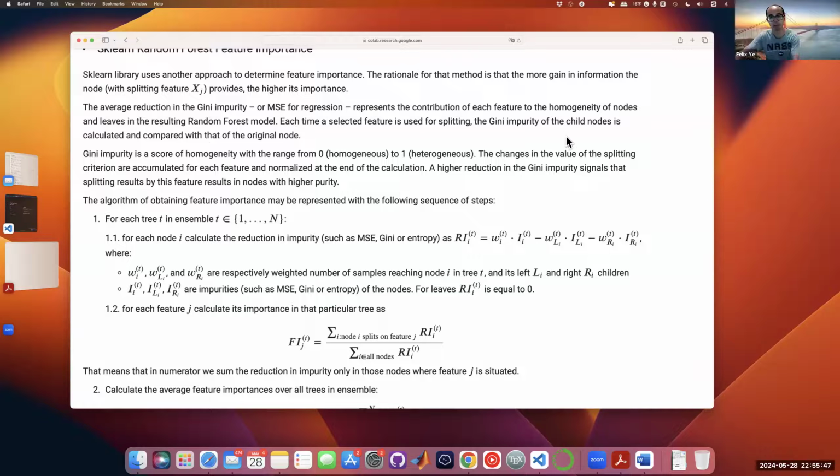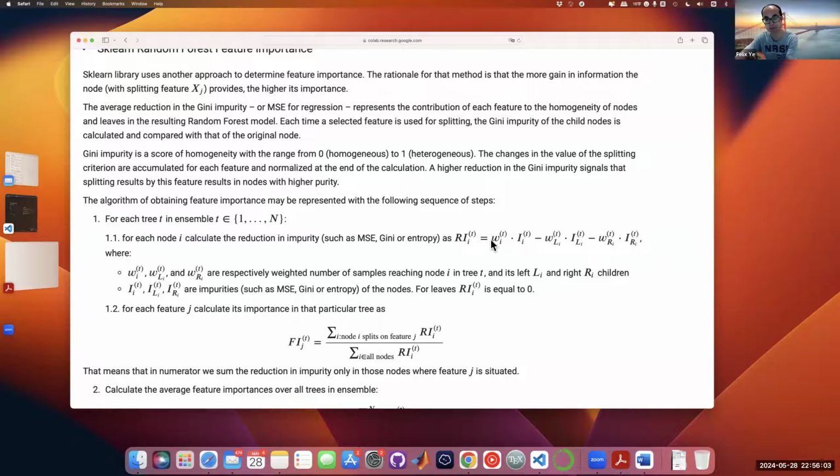So that means we calculate the Gini impurities and compare the original node with its children as well. This is the whole theory underneath.